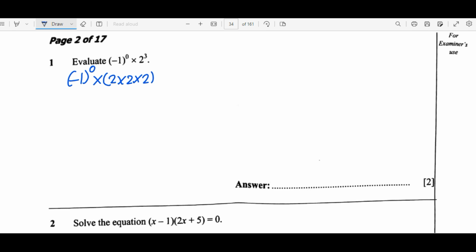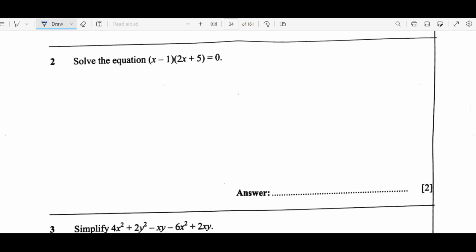Here we are going to apply one of the laws of indices: if anything is raised to the power 0, whatever you have is equal to 1. Then 2 times 2 gives us 4, times 2 gives 8. So 2 raised to the power 3 is 8. 1 times 8 will just give us 8. So this is our final answer for this question.